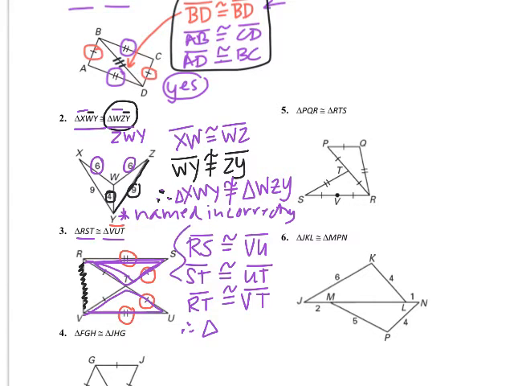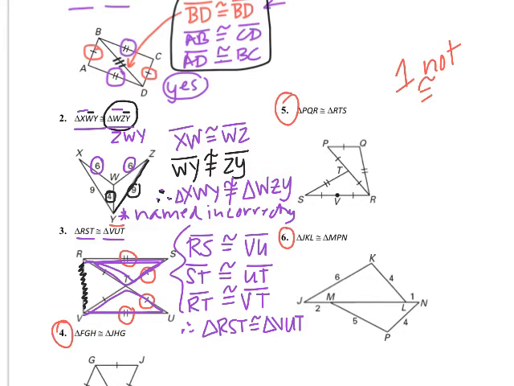Okay, so we've explained what we needed to explain. Therefore triangle RST is congruent to triangle VUT. So I'd like you to finish up on your own sections with numbers 4, 5, and 6. I will give you a hint that there is one problem that is not congruent. Okay, so that side does not work for one of the 3 that you still have to finish.